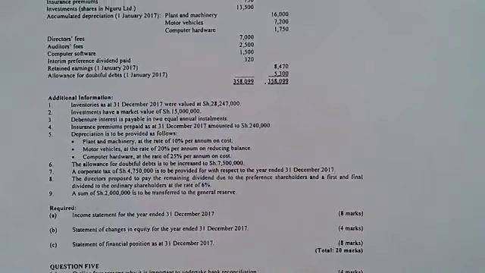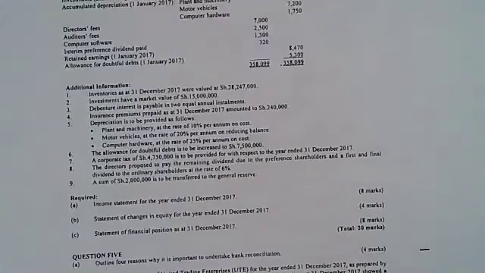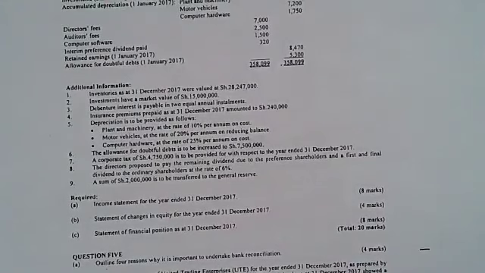We also have the insurance premiums, investments, that is shares in Guru, and the accumulated depreciation for the plant and machinery, the motor vehicles and the computer hardware. We also have the director's fees, the auditor's fees, computer software, interim preference dividend paid, retained earnings, allowance for doubtful debts, and additional information.